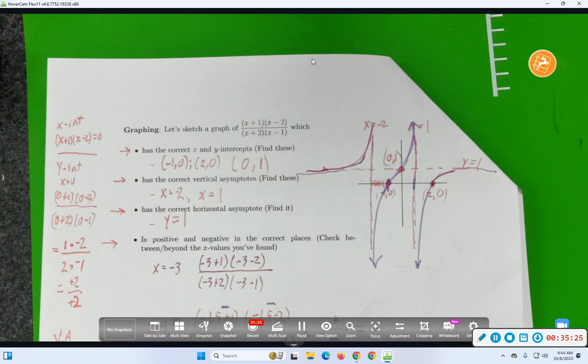So there's what the graph of this degree 2 divided by degree 2 rational function looks like. And maybe just one thing worth pointing out, we definitely had to cross that horizontal asymptote to accomplish this. So you just don't worry about crossing the horizontal asymptote, it can happen. Let's see what else we can just read off.